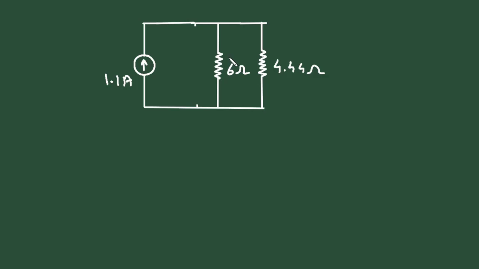Now next, here we have to find the current through this 6 ohm resistor. So we can find this by using the current division rule. Let's say this current is current I 6 ohm.